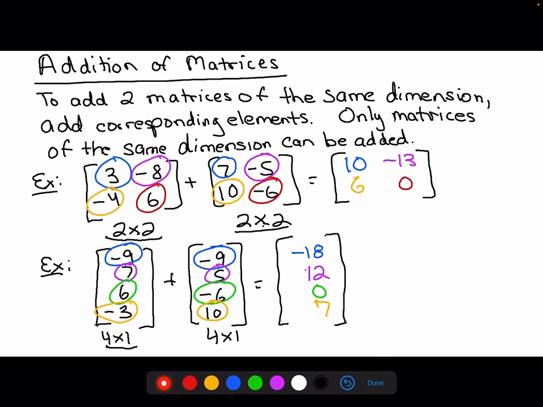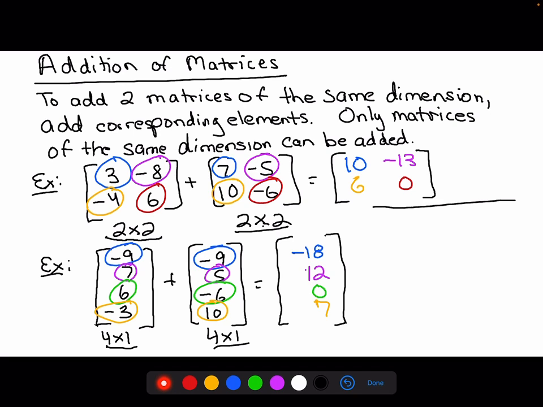And again, they have to have the same dimension. If they have different dimensions, then they can't be added. Like if they give you an example that's 2 rows and 3 columns and want you to add that to something that's 3 rows and 2 columns, that's not going to work. So it has to be the same dimension.